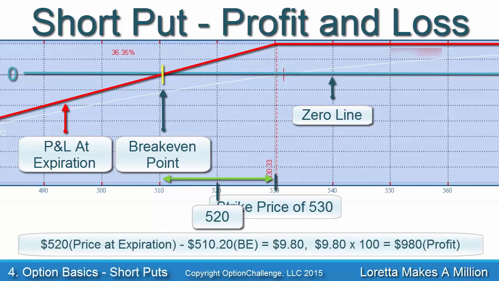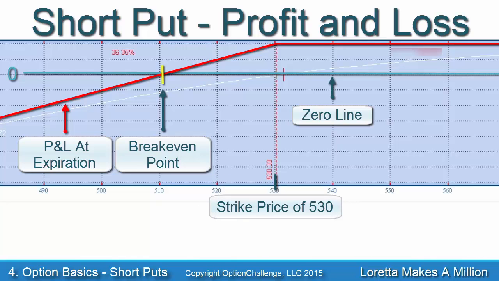Here is how the profit is derived. $510.20, the break-even point, will be subtracted from $520, the price of Google at expiration, which would equal $9.80. $9.80 times 100 shares of Google would equal a profit of $980. This graph represents the general profit and loss graph of short puts. Short puts have limited profit and limited risk.